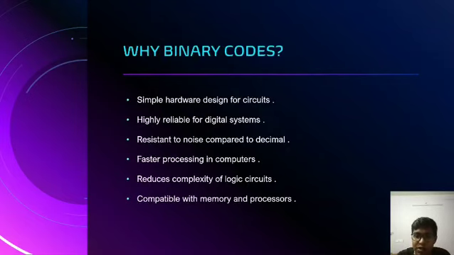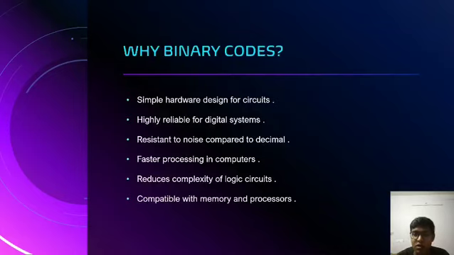Why binary codes? Binary codes are used for simple hardware circuit designs. These are important for hardware circuit design and highly reliable for digital systems. Binary data is also resistant to noise and errors, making it robust for digital communication.